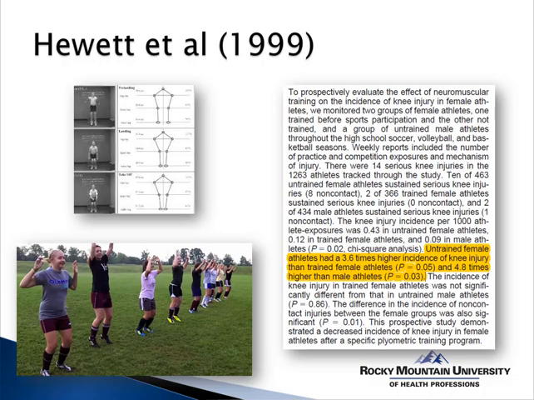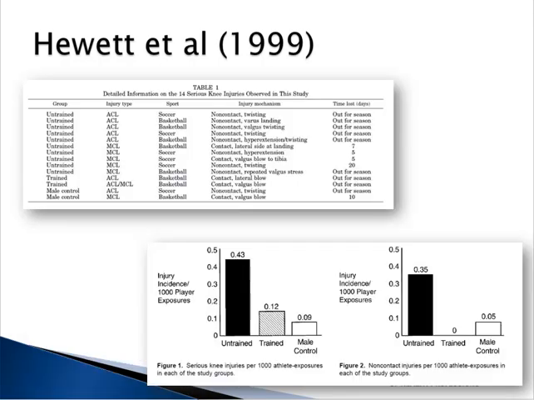Essentially, the trained females became equivalent to the males when it came to injury risk. So this was a very well-received, clinically informative study, which really got people doing a lot of injury prevention programs for female athletes.